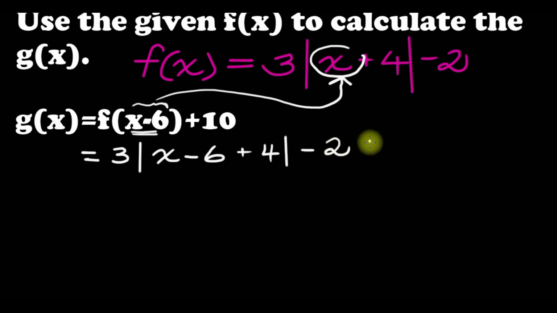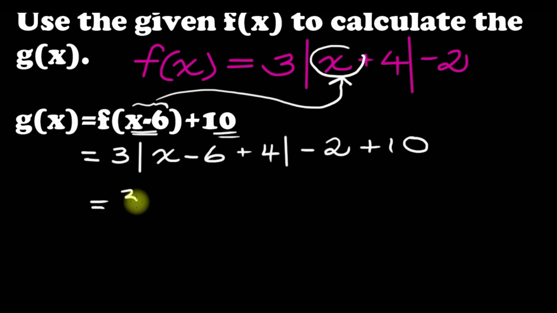Then don't forget the plus 10. See this 10 right here? So all we did was plug in x minus 6 into x to come up with g of x, right? So g of x is f of x minus 6, plus 10.